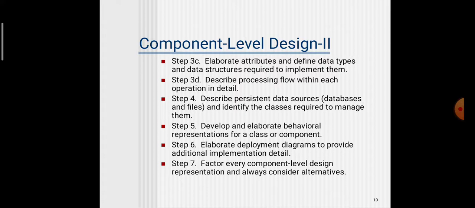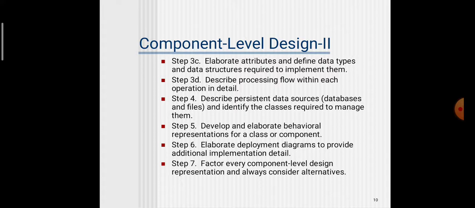Step 7, factor every component level design and representation and always consider alternatives. So now we have these steps: elaborating, describing the persistent data, elaborating the behavioral representations, elaborating deployment.